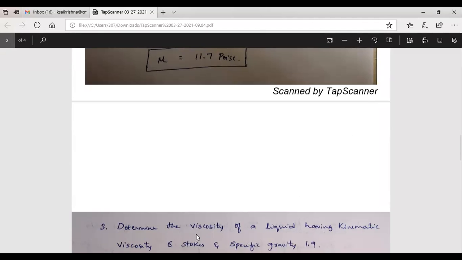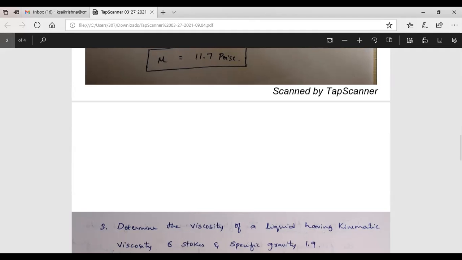Remember that 1 Stoke equals 1 by 10,000, or 1 into 10 power minus 4, meter square per second. In terms of thousands it will be easy. So 6 Stokes equals 6 by 10,000 meter square per second.